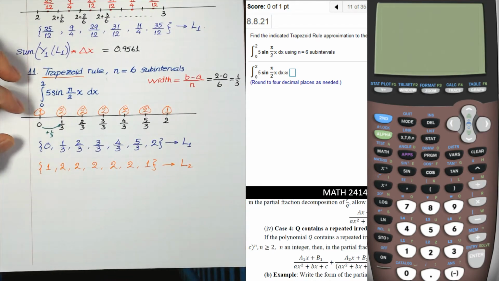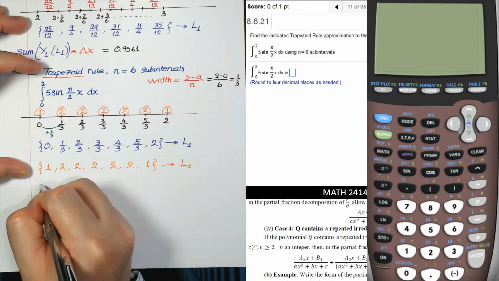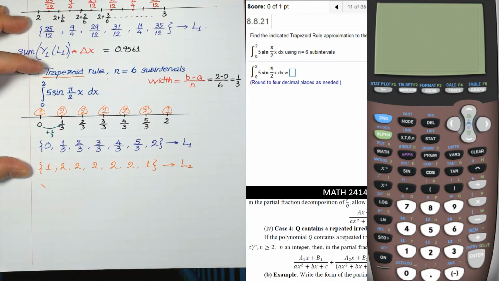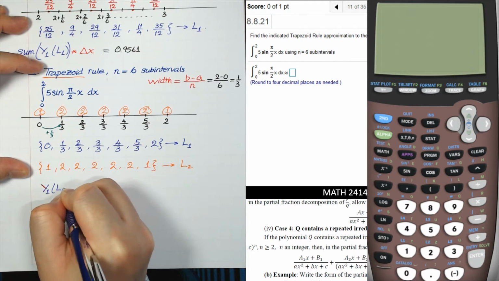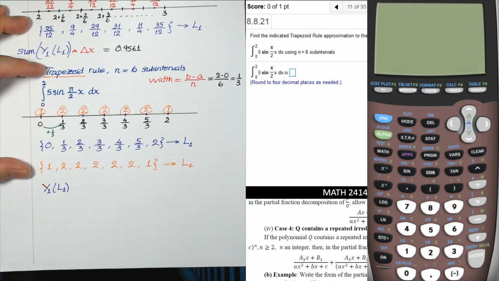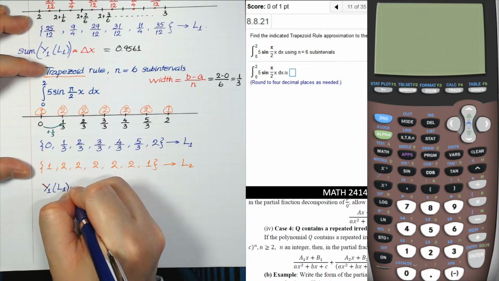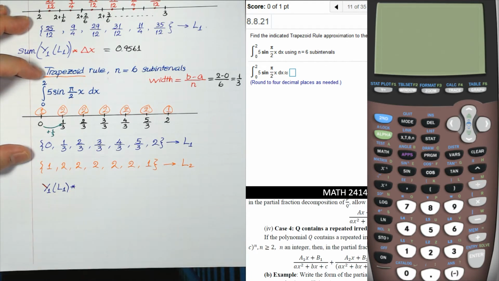And then we evaluate the function at list 1. Before we add them all up, we will multiply with the coefficient.